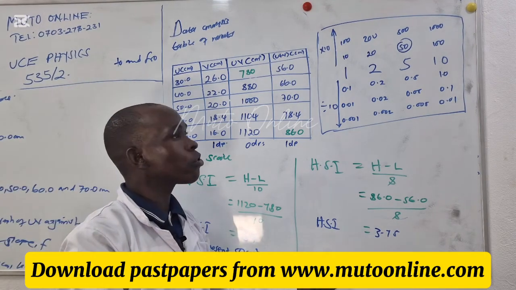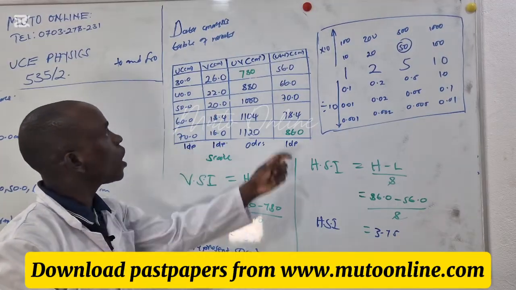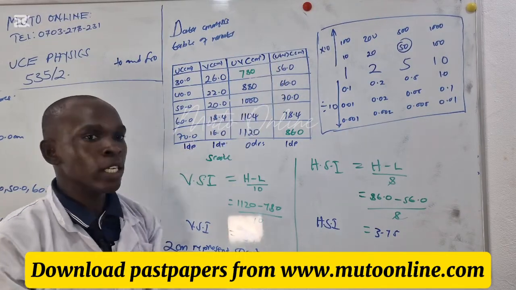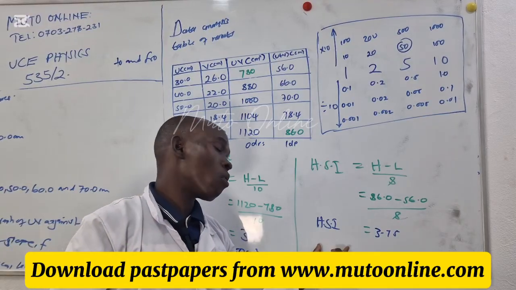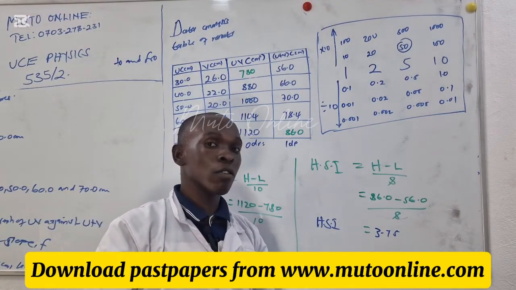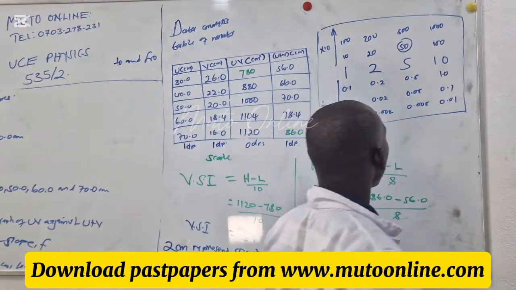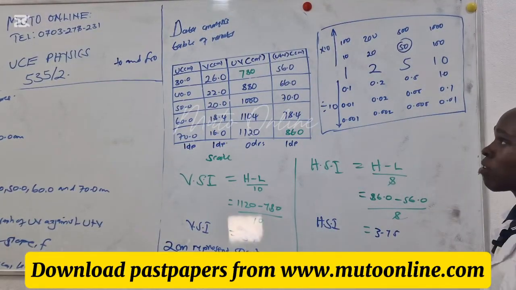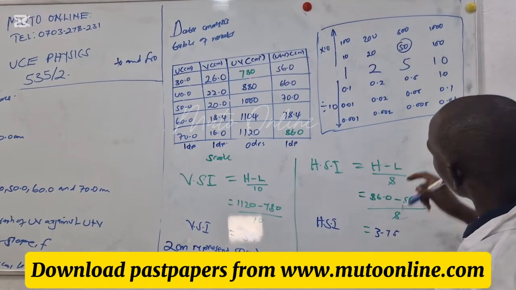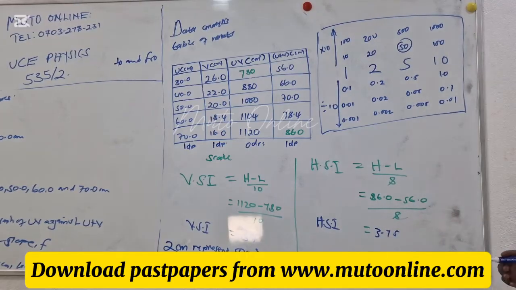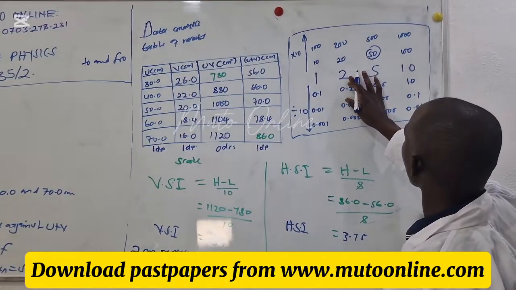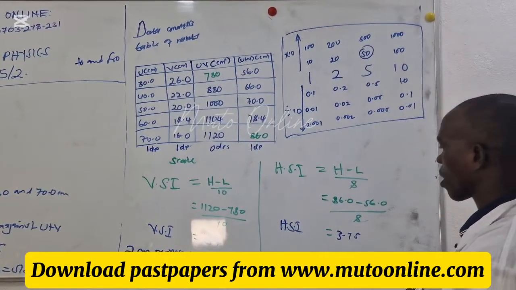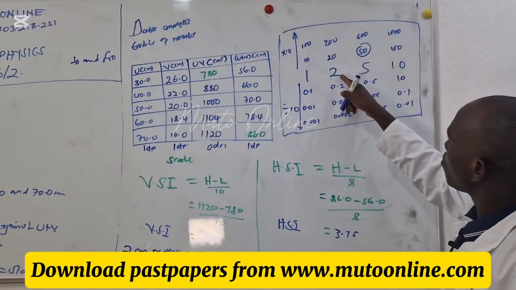Then when we come to the horizontal scale, it is U plus V, which is supposed to be on the horizontal. When we look at the indicator of the horizontal scale, we've got 3.75. You come on this box here and locate where 3.75 is. 3.75 or 3.8 anyway. It is between 2 and 5.